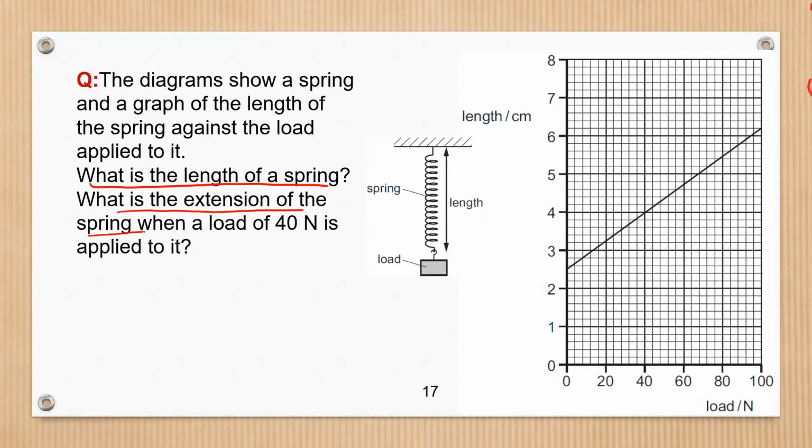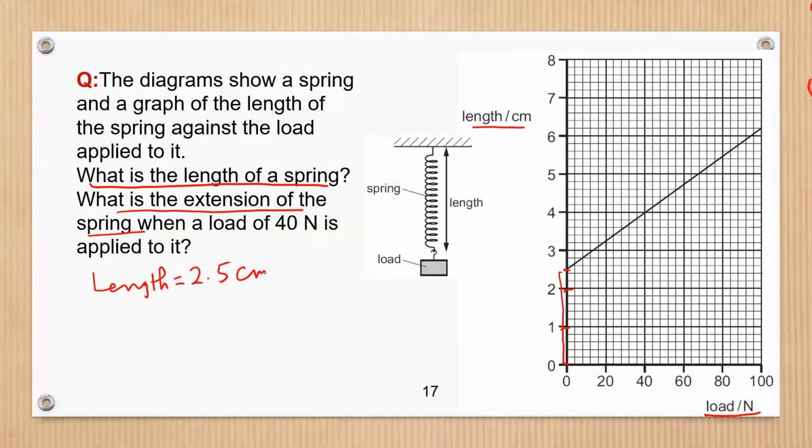So first of all, we are going to see the length of the spring. The length with extension is given along the y-axis, and the load is given along the x-axis. So here is 1 centimeter, 2 centimeter, and 2.5 centimeter. So this is the length of the spring, 2.5 centimeters.